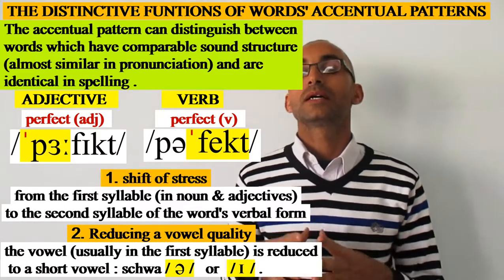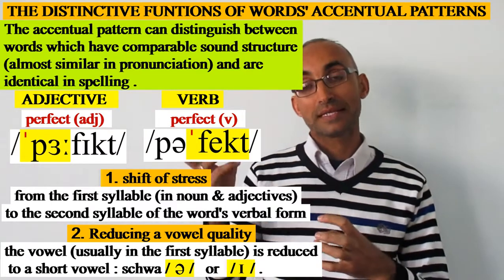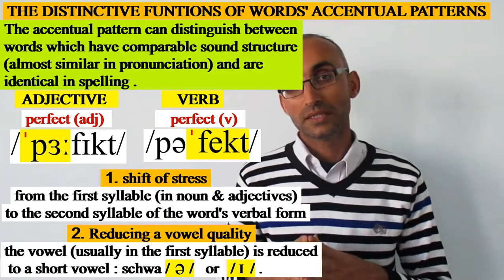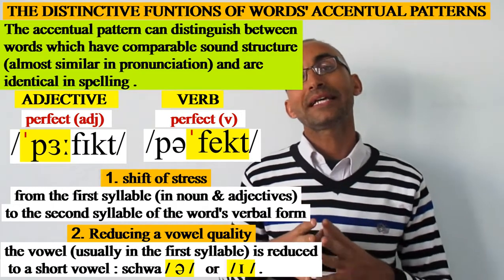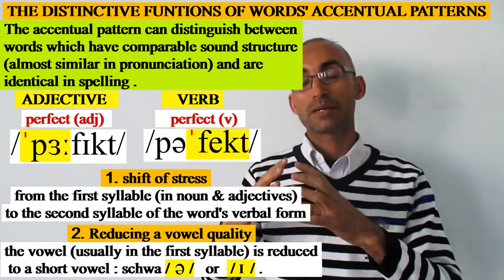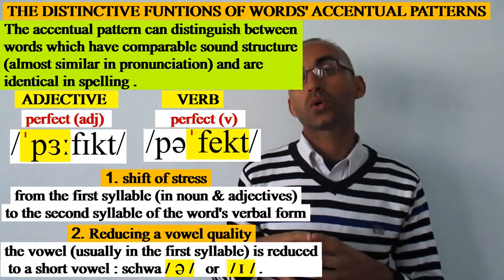Besides the stress shift, at the level of the first vowel within certain English words, it goes from a common or normal vowel in the word to become schwa or short e.